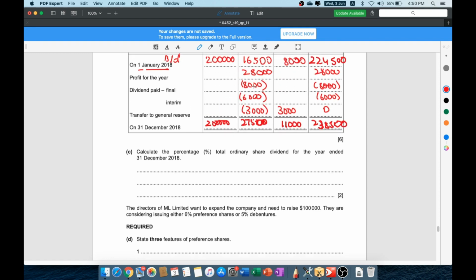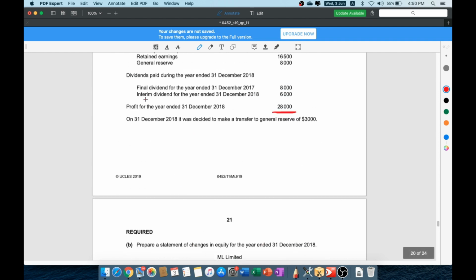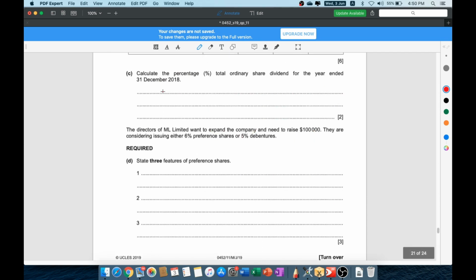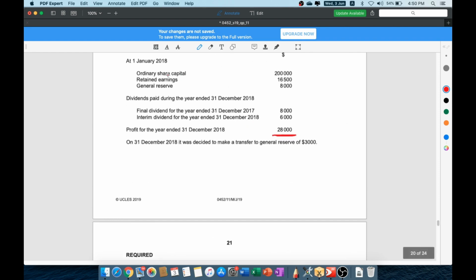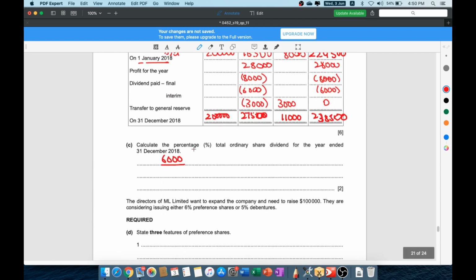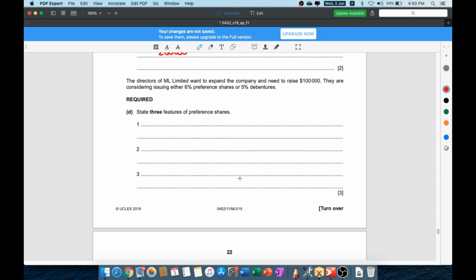We paid a total of 6,000, which is the interim dividend for this year, 31st December 2018. So that is going to be 6,000 divided by the share capital in the same year, which is going to be 200,000, into 100. He's asking for the percentage. That gives you 3%. All right, so that's easy.